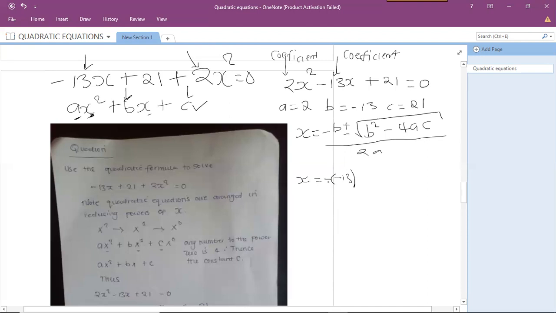So x is equal to minus, open brackets, the value of b, close brackets. The value of b is minus 13, plus or minus root of, open brackets.